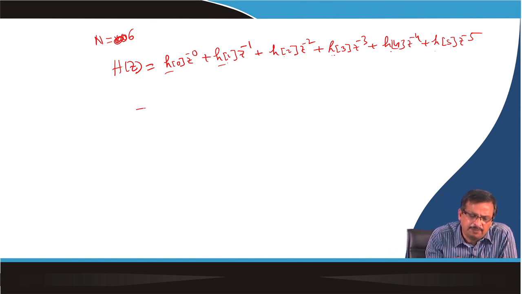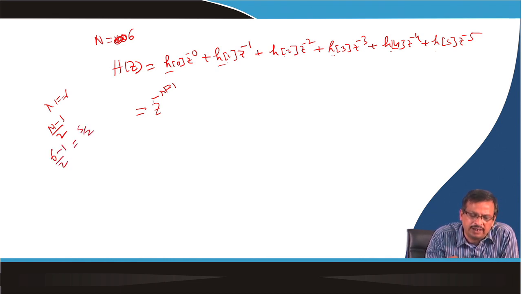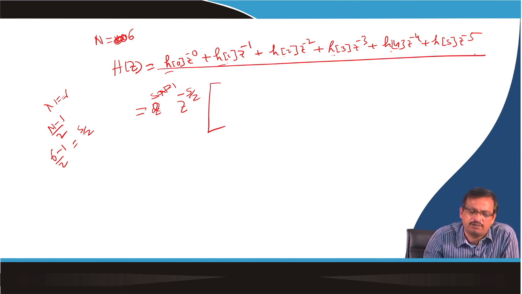Now I said if I take z to the power minus (n minus 1) by 2. So what is n? n is equal to 6. So (n minus 1) divided by 2, it is nothing but (6 minus 1) by 2, which is 5 by 2. So I take common z to the power minus 5 by 2 from this part.